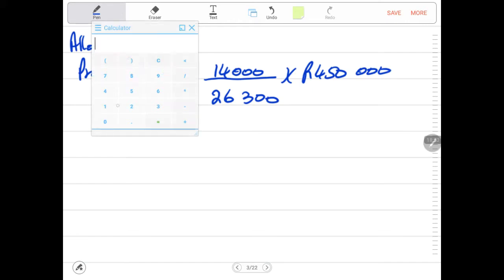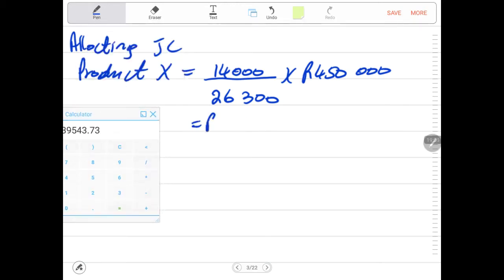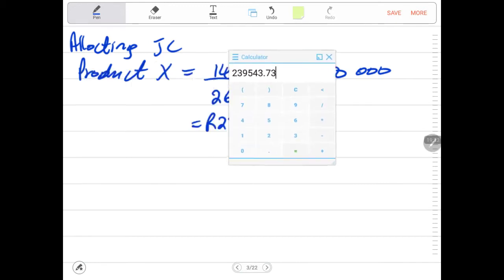Then we say 14,000 divided by 26,300. We multiply this by 450,000 rands. We get the amount of the joint cost that must be allocated to product X as 239,454. This is our total joint cost.